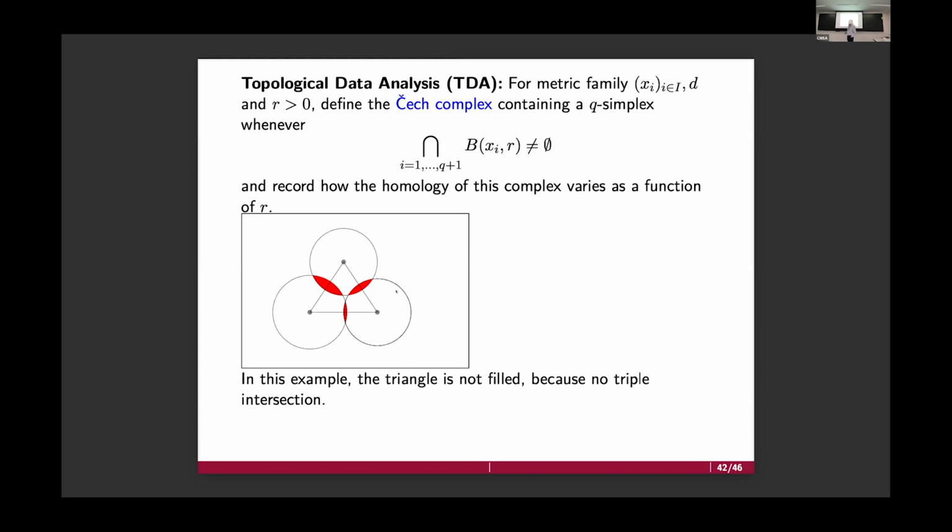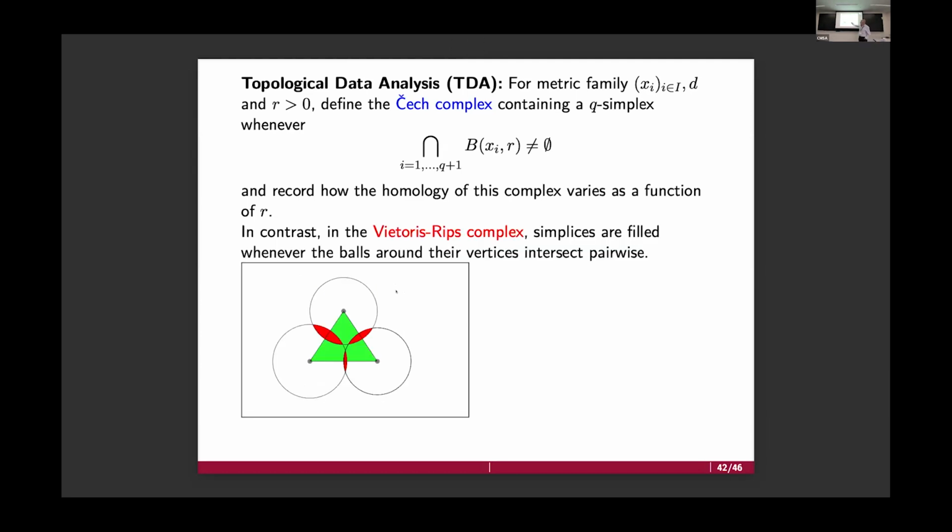You fill in a triangle if you have a triple intersection of the balls. But here, of course, there's no triangle. There is a contrast to the Vietoris-Rips complex that I already alluded to. You fill in the triangle anyway as soon as you have the pairwise intersections. So in general, the Čech complex and the Vietoris-Rips complex are different from each other. That is the point here.